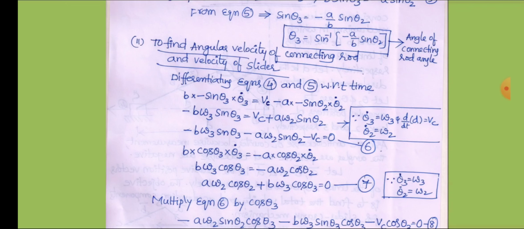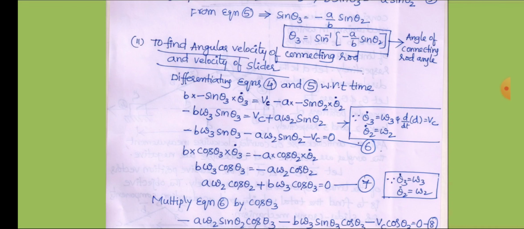Therefore, instead of taking equation 3 and differentiating, then further separating the real and imaginary parts, I am directly taking the real part and imaginary part of equation 3. They are nothing but equations 4 and 5. Now I should differentiate equations 4 and 5 with respect to time. If I take equation 4, what is that equation 4? b cos theta 3 is equal to d minus a cos theta 2.